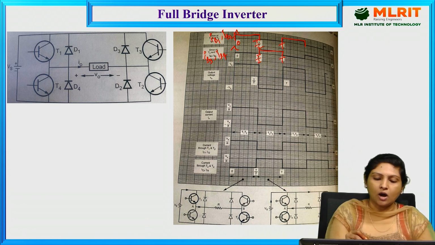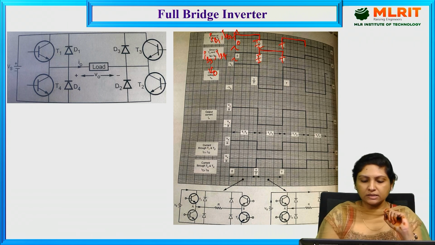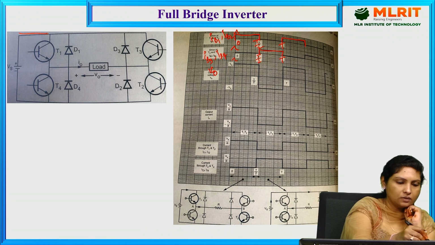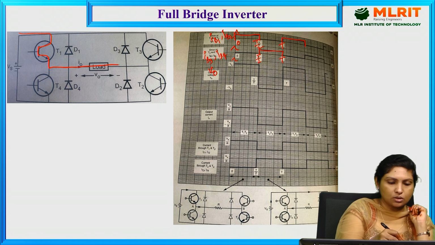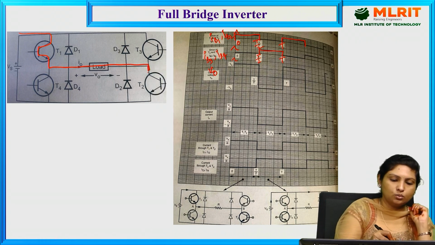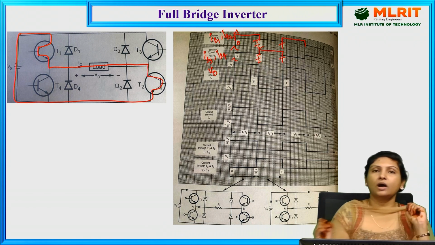Now the output voltage waveform. When transistor 1 and 2 are conducting, we have provided the base drive, so transistor 1 is on and conducting current to the load, and then through T2 and back to the source.